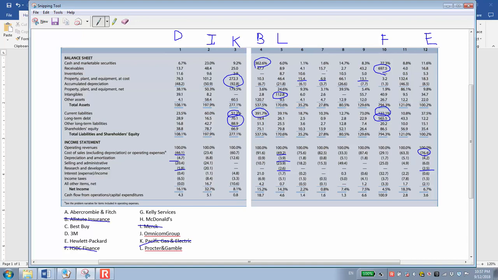Actually, 7 is KD. Okay, KD Service. If you read the description of its business, it has no inventory. So 7 is KD, so it's G.